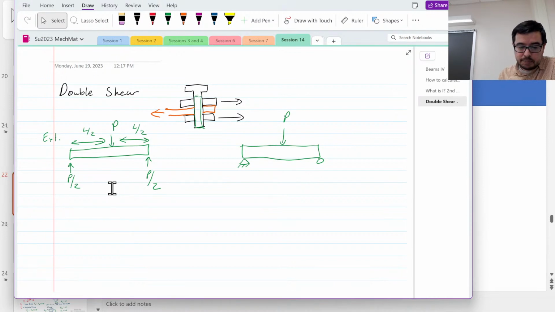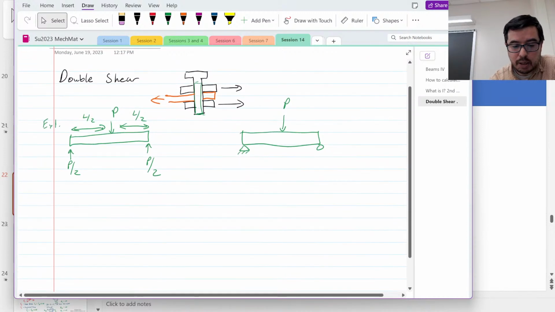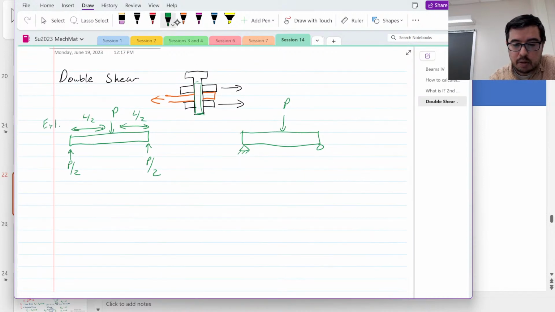If we look at taking the moments about here, then this P times L/2 has to be equal to P/2 times L, right? If we want to look at external moment, it's like a lever problem essentially, right?